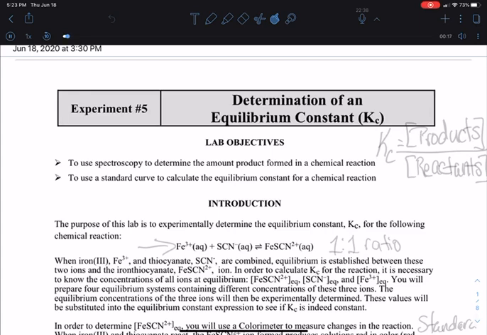So if you've read the chapter so far, you know that the equilibrium constant is equal to the concentration, in this case, of the products divided by the concentration of the reactants.